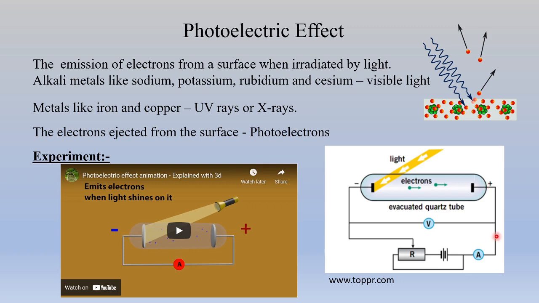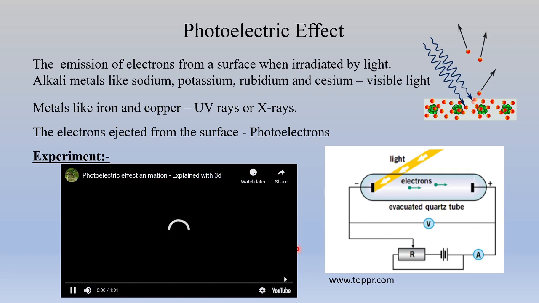The current flows through the external circuit, and the galvanometer or the ammeter shows a deflection. That is the experiment. Now we can see a small animation which explains the photoelectric effect.